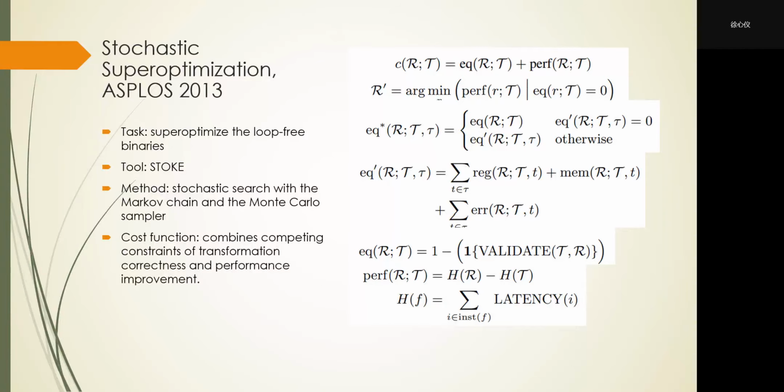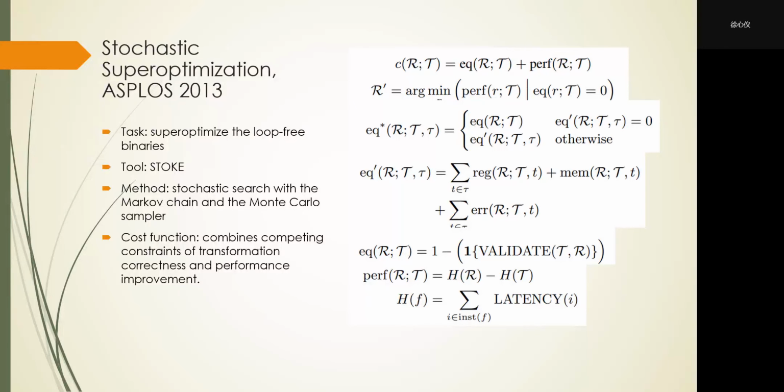The interesting part is that first, it used a Markov chain. Second, it used a specially designed cost function which combines the competing constraints of transformation correctness. That means you need to output the same output, not just similar, the same output.